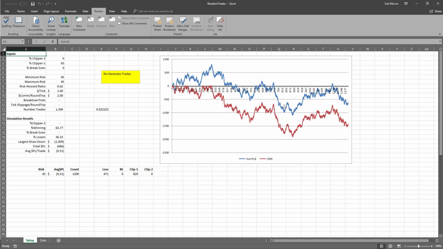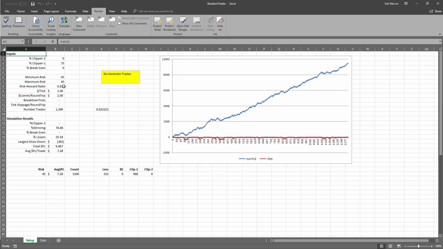And you can see you are always going to come up underwater if you consistently do that, even with a 65% winning rate. You actually have to be, I believe, at 75% if you're going to do this. And you can see this gives you a nice equity graph. So if you're at 75% consistently, you could actually do the 62 cents of profit for every dollar of risk.